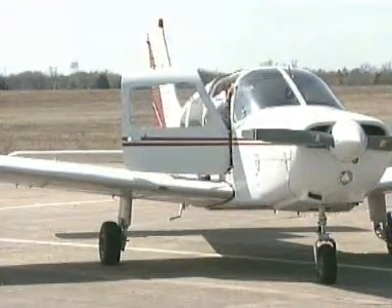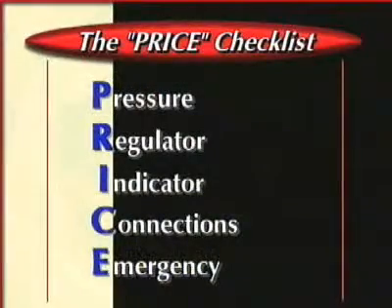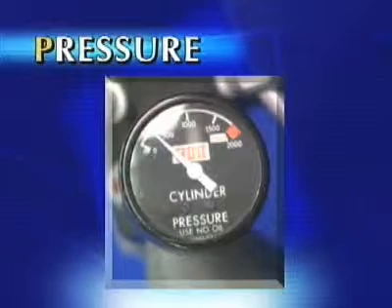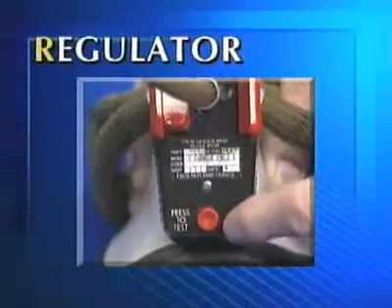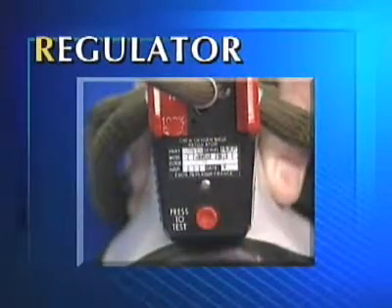Prior to every flight, you should perform the PRICE check. The PRICE is a checklist that helps pilots and crew members inspect oxygen equipment. Pressure: ensure that there is enough oxygen pressure and quantity to complete the flight. Regulator: inspect the oxygen regulator for proper function.